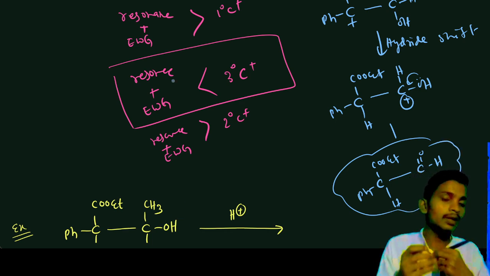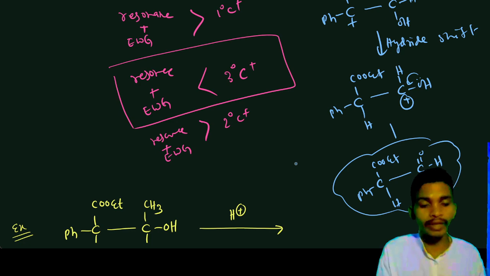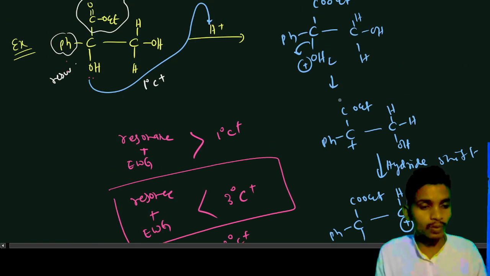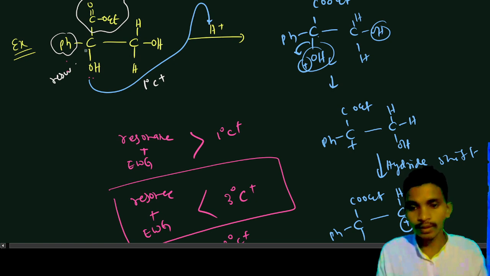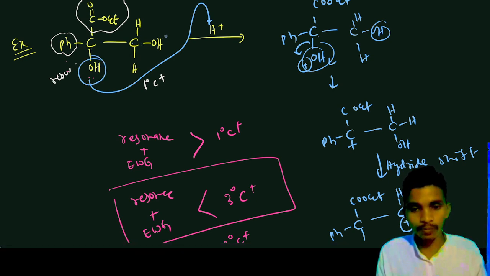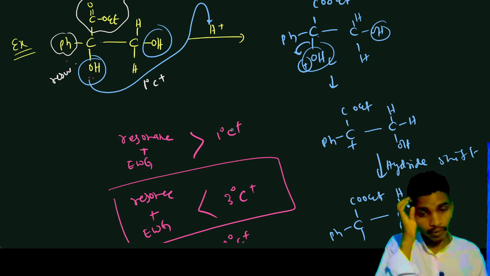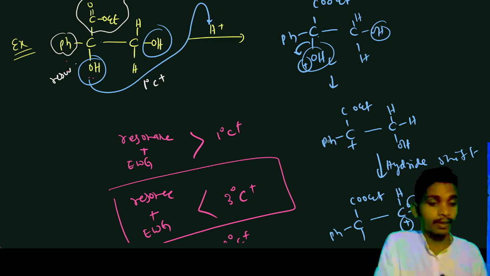So likewise, we will solve the questions related to pinacol and pinacolone rearrangement. So note that adjacent to 2 carbons, an OH group will be there. Okay, here on the 2 adjacent carbons, an OH group is there. Then we will do the pinacolone rearrangement, meaning like this procedure we will do.